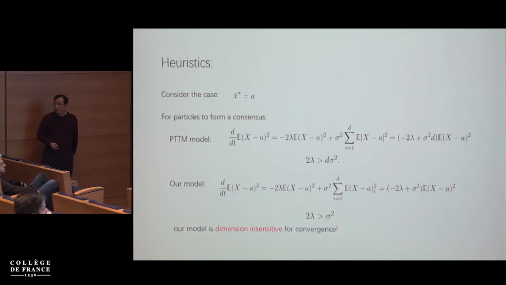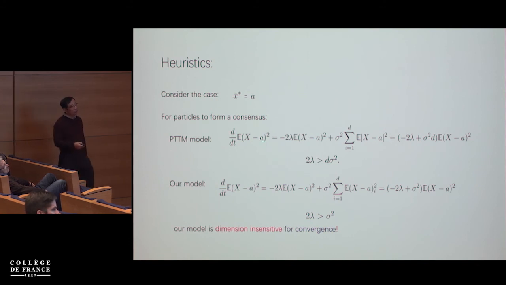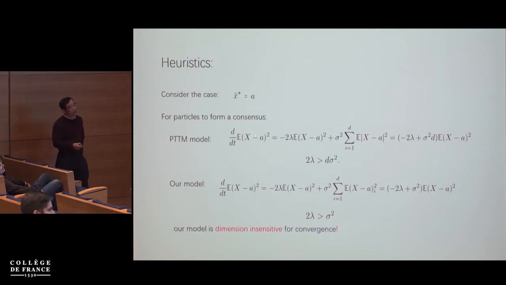So why is this better? It's a very simple example. Suppose this average is constant. Then you can actually solve this stochastic PDE by hand, analytically. In the original model, this is a deviation: x minus this average, the expected value of the squared difference.